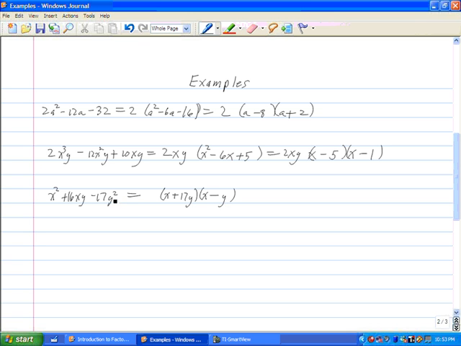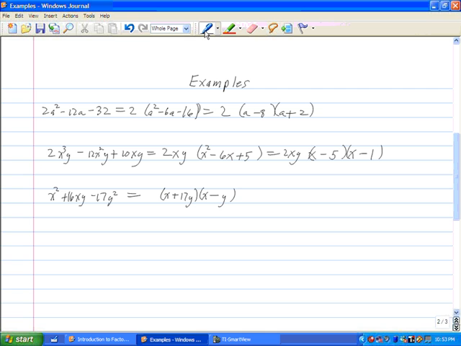So in other words, y squared comes from y times y, just like x squared came from x times x. And let's check it. This is a 17xy, and right here is a negative 1xy. Altogether a 16xy, and you've got it. So that, again, is a correct factorization.